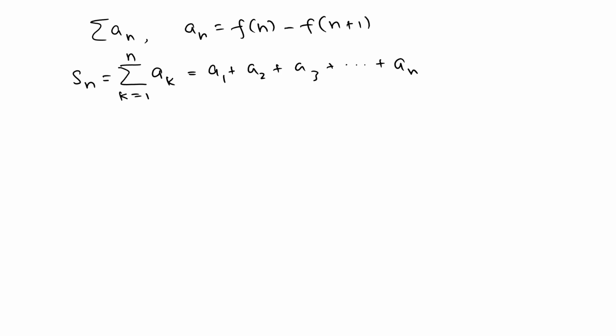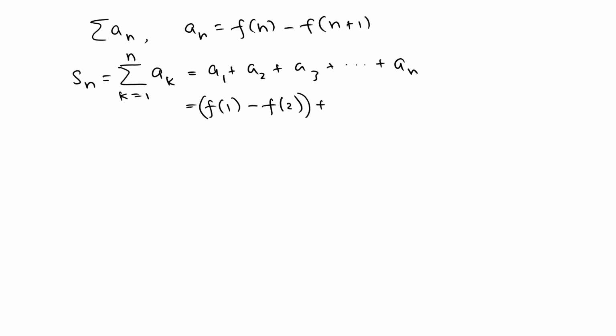Now what we can do, you can replace each of the terms by that fn. So the first term is simply going to be f1 minus f2, because if you plug in 1, that's what you get. Then what's the second term?